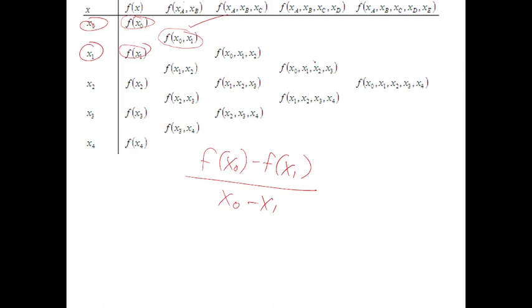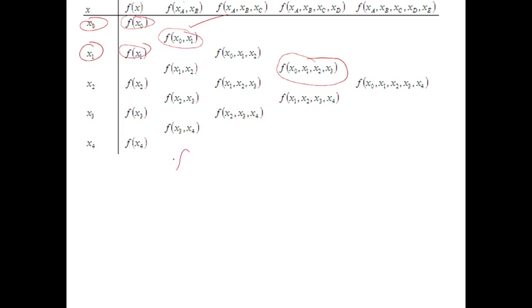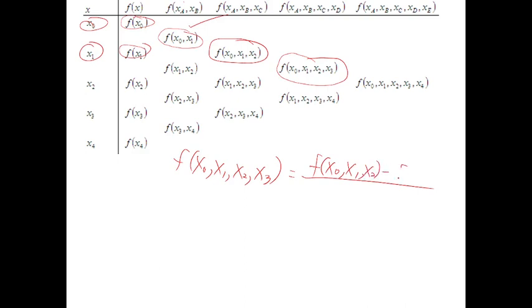Another example, if we are to get f of x sub 0, x sub 1, x sub 2, x sub 3, that is simply f of x sub 0, x sub 1, x sub 2 minus f of x sub 1, x sub 2, x sub 3, all over, this starts with x sub 0 and this ends with x sub 3, so minus x sub 3. Okay? So then we will get the value.